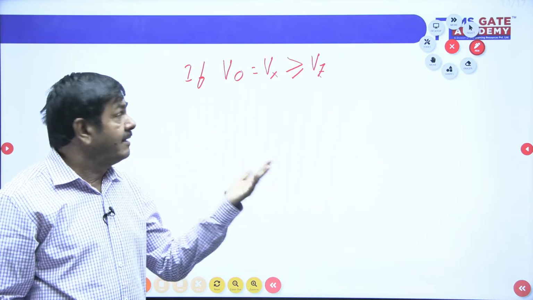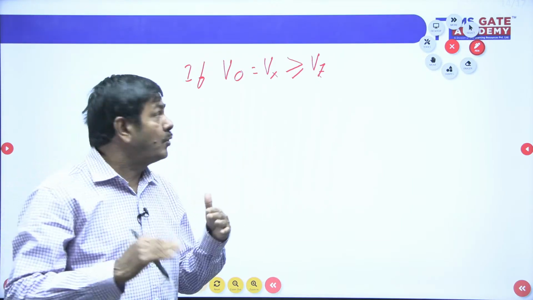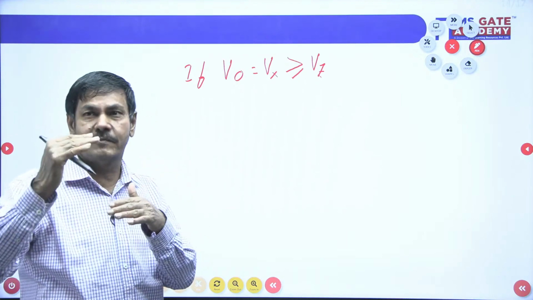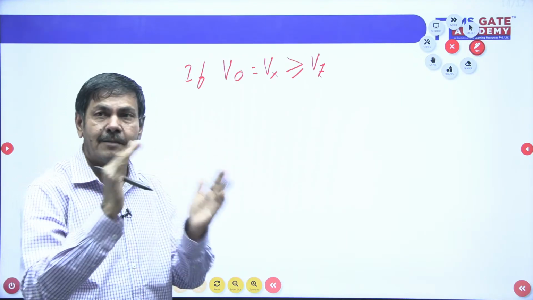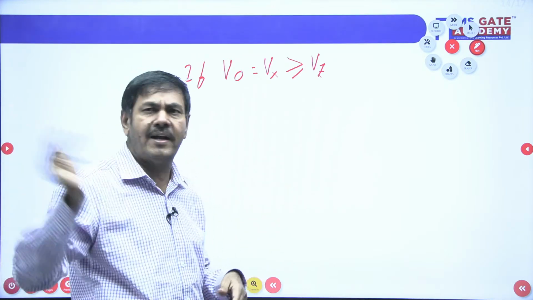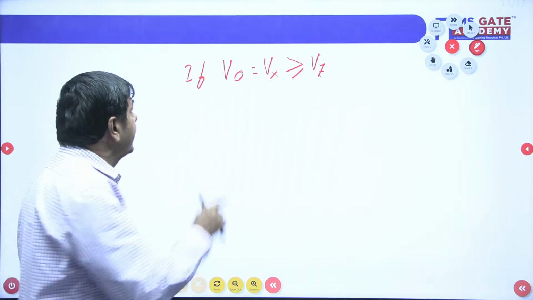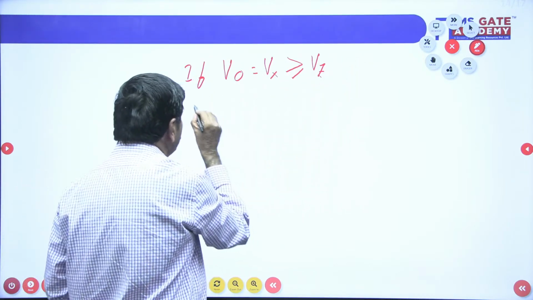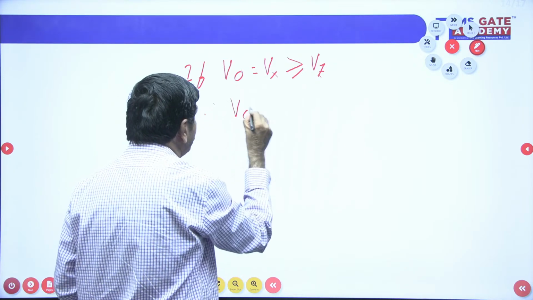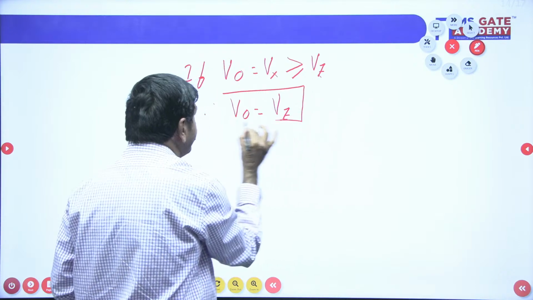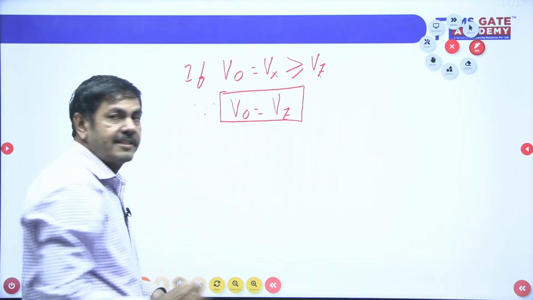In that case, V naught will not go beyond the level of the Vz. It is a parallel condition. In the parallel condition, less than Vz is possible, more than Vz is impossible. We cannot find such a case. That is why you can write, if V naught equal to Vx is greater than Vz, you can write directly V naught equal to Vz only. Greater than or equal to Vz, if you got, V naught must be taken as Vz only.